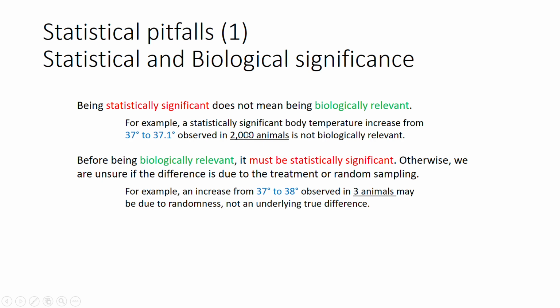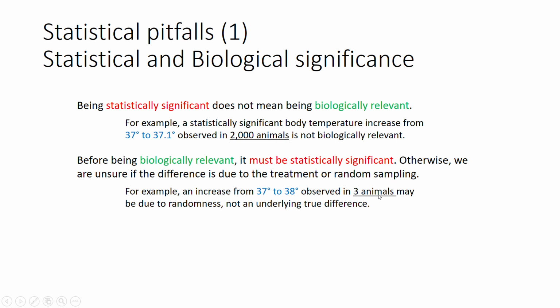But the opposite is not true. So before being biologically relevant, it must be statistically significant. Otherwise, you are unsure if the difference you are observing is because of noise. So for instance, let's say that you have two groups and the difference in temperature between the two groups is 1 degree, and so this might be biologically relevant, but you have only observed 3 animals.